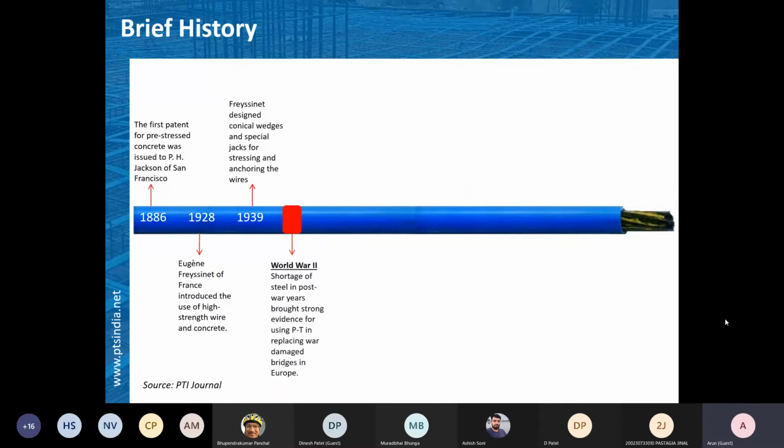After that, there was a black chapter of our Earth, that is nothing but World War II. In World War II, everything was disturbed, or you can say damaged to a large extent.